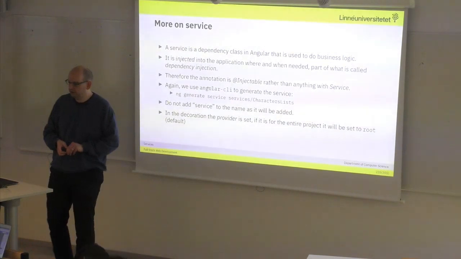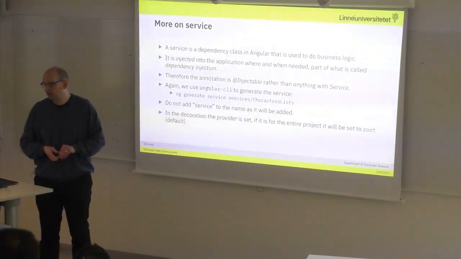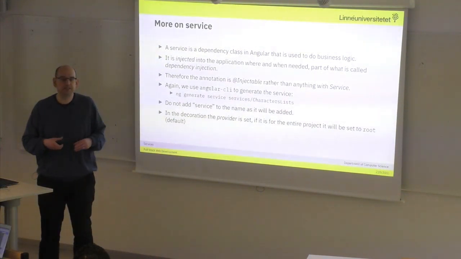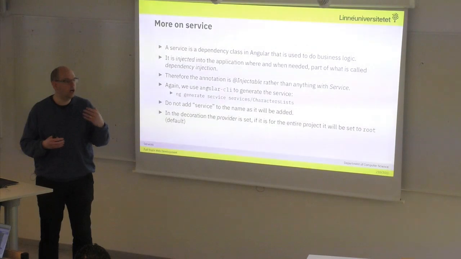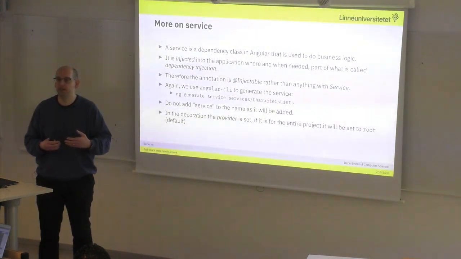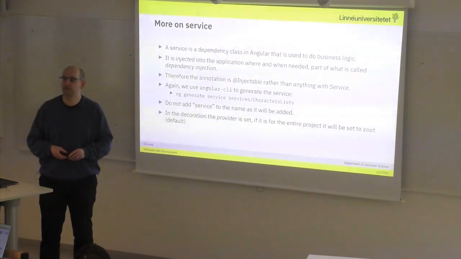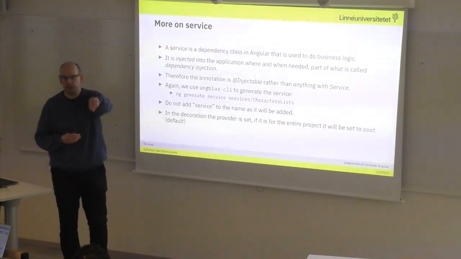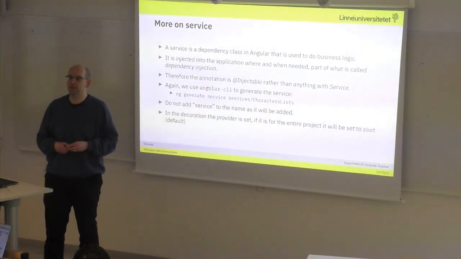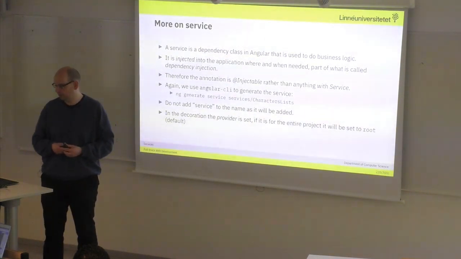A service is a dependency class, and that means that it doesn't show anything in itself, but other components may be dependent on this class because it's still a class. So therefore we inject this class into other components.